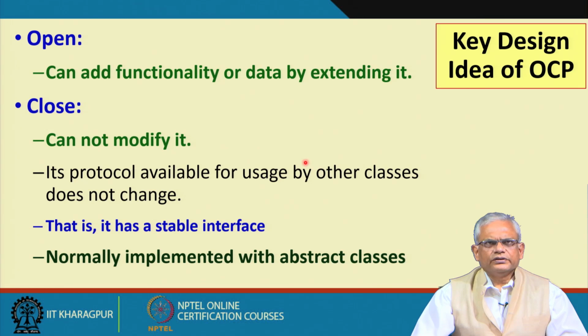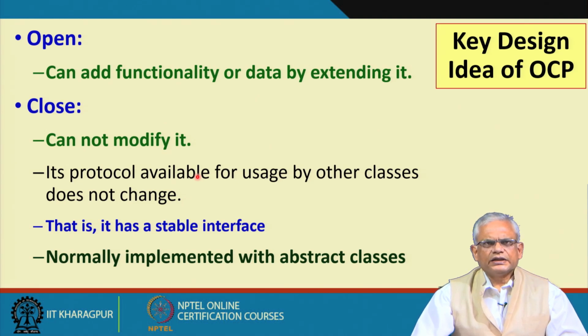The key idea we had said that open is we can add functionality or data by extending it, close we cannot modify. Once the class is working, it does not change, its interface does not change.